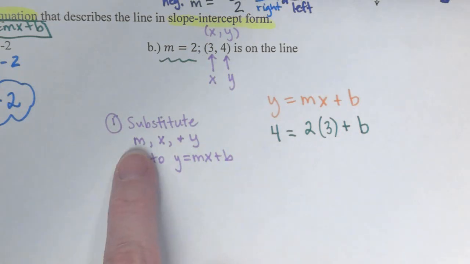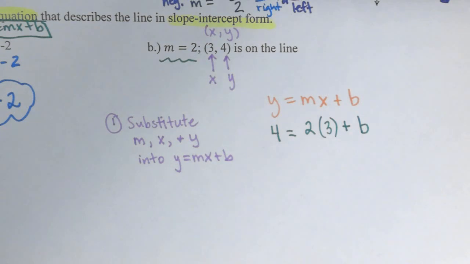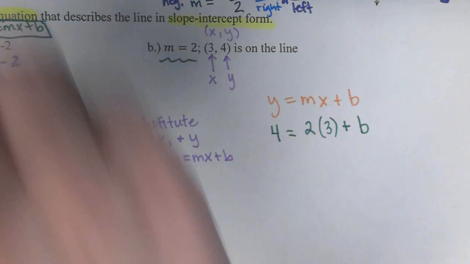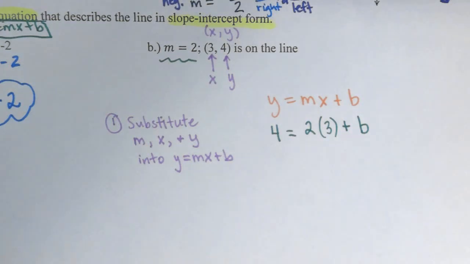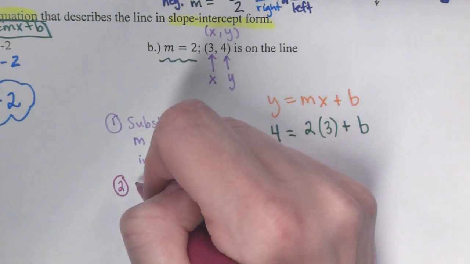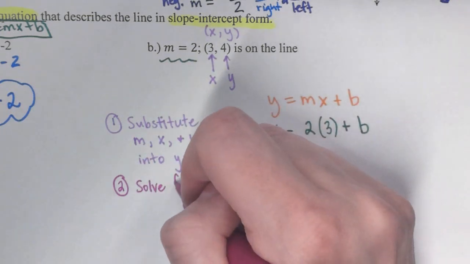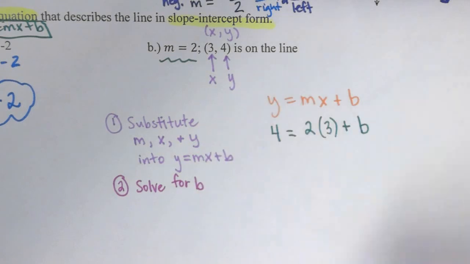So you're only plugging in for m, x, and y. And what we're going to do is we're going to use that to solve for b. So for step 2, we are going to solve for b.